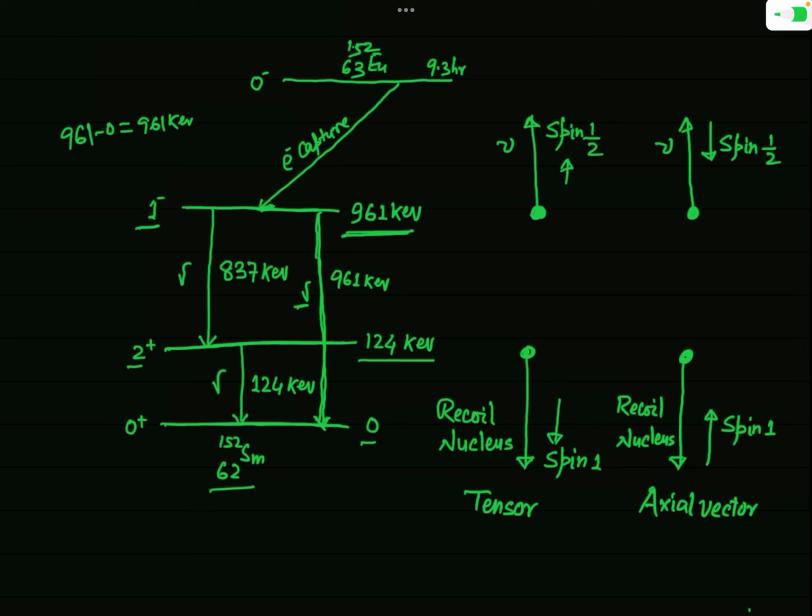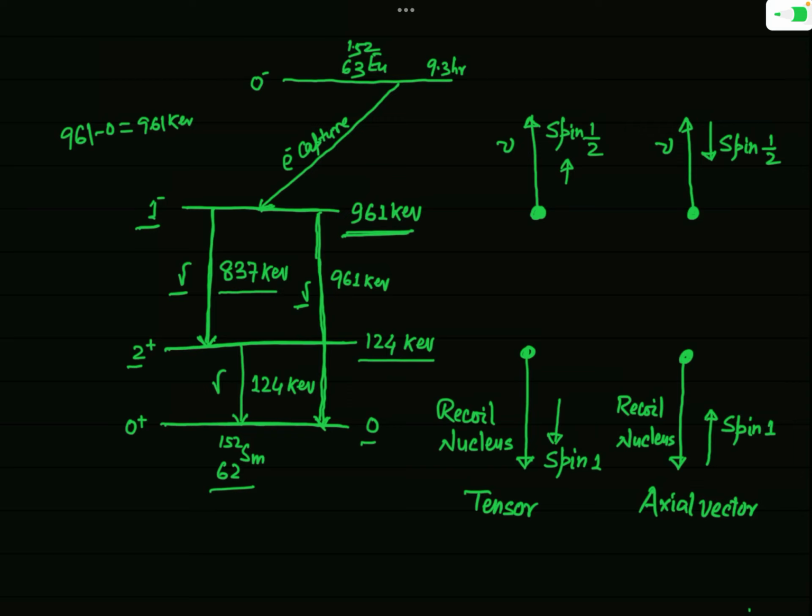So from the second excited state it is possible that this nucleus of Sm may transit to the first excited state emitting a gamma photon, and this gamma photon will have energy 837 kiloelectron volt.